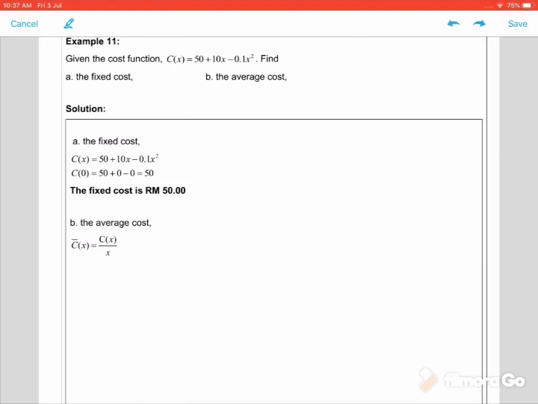So we can use our function of C(x) divided by x. After we simplify, we will get the answer equal to negative 0.1x + 10 + 50/x.